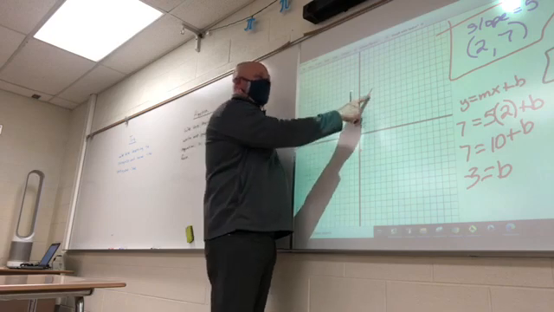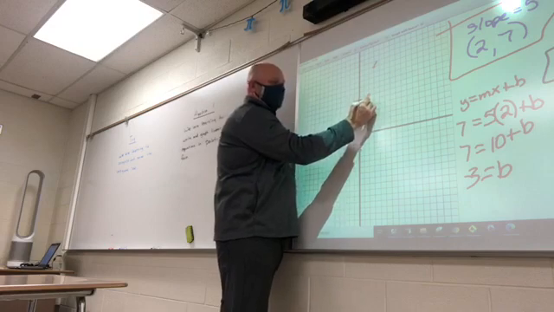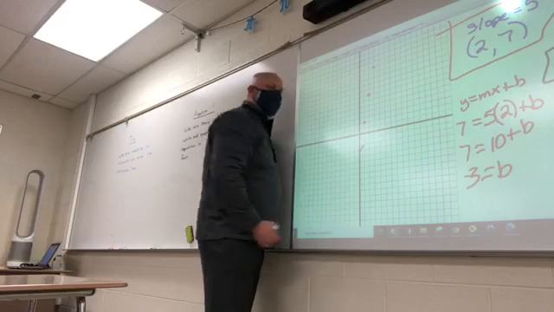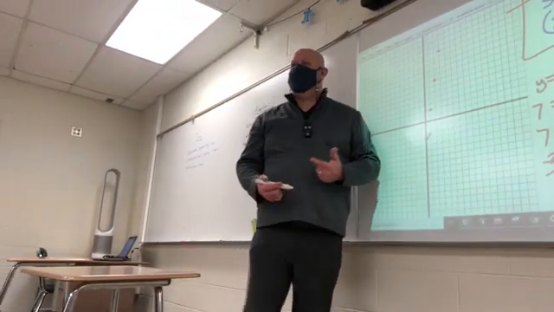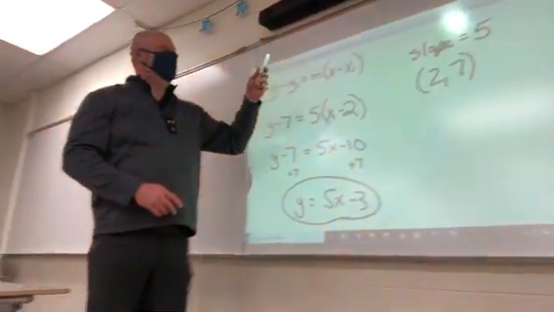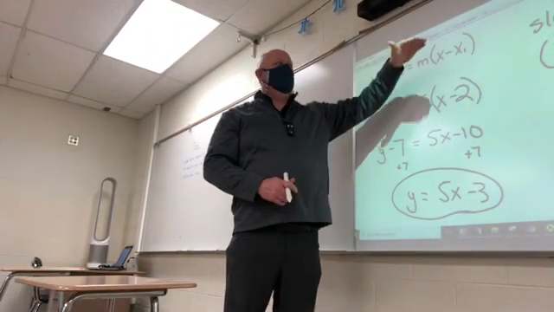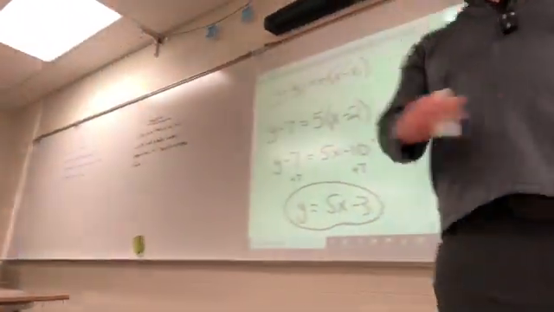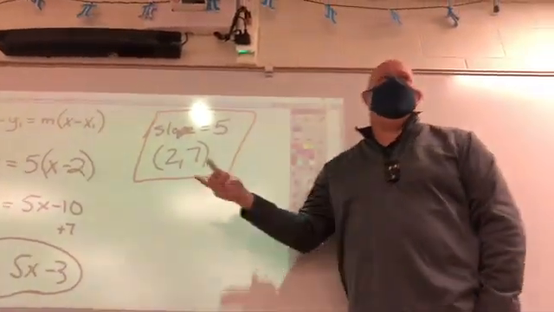But then you count slope 5. 1, 2, 3, 4, 5 over 1. Or back 5, or down 5. Will I end up with the same exact line? You're just starting in a different spot. So the point slope form, I think, is a way easier method of doing problems like this, where you're given the slope and any point on that line.